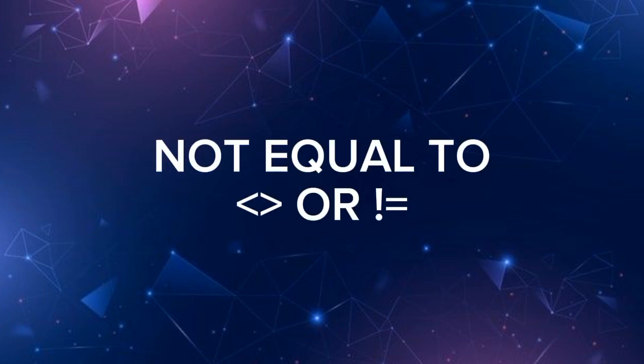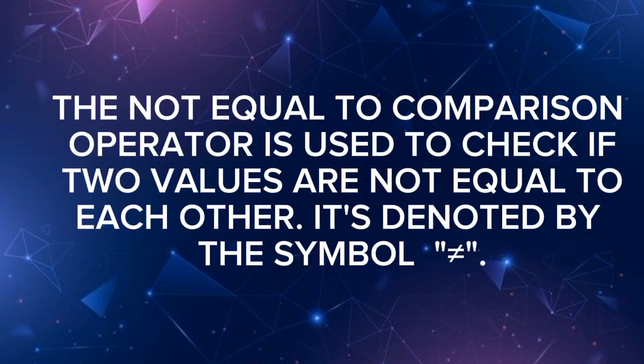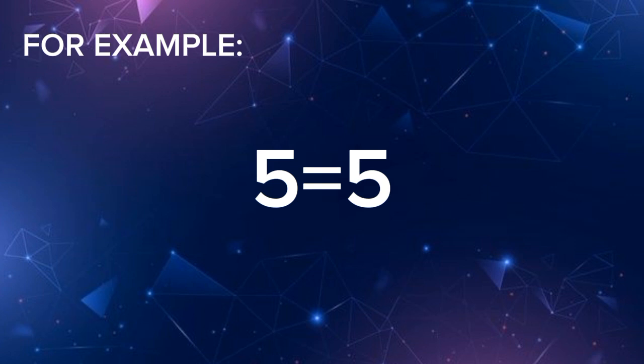Let's go to the next operator. I will discuss the not equal to. So, what is not equal to? The not equal to comparison operator is used to check if two values are not equal to each other. It's denoted by the symbol <>. For example, if we have 5 <> 5, it means 5 is not equal to 5, which is false because they are equal.